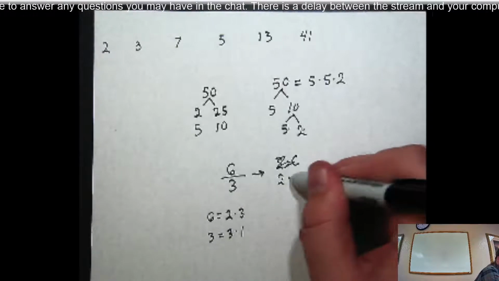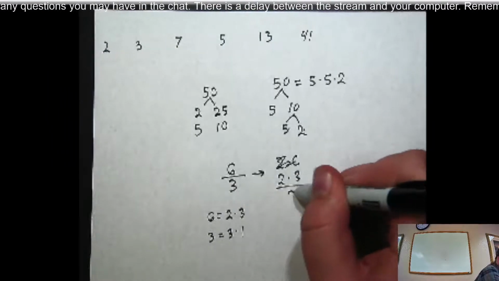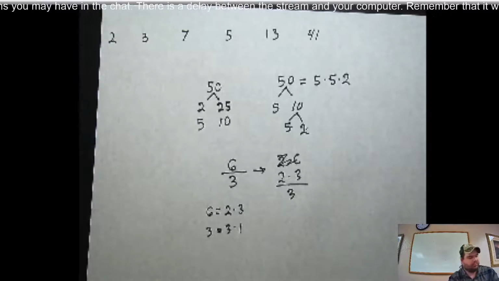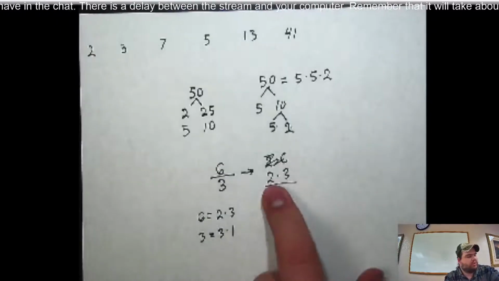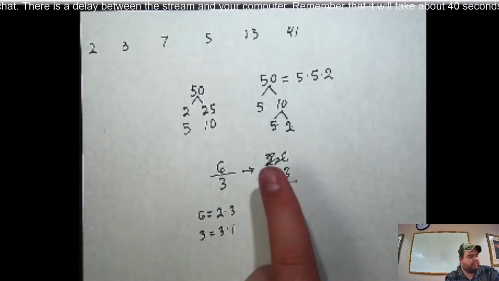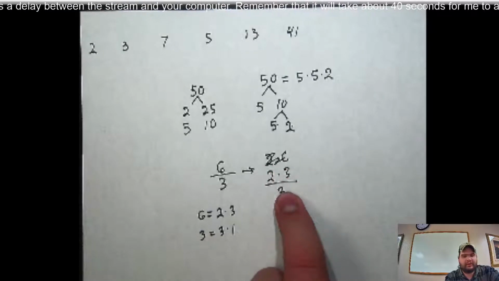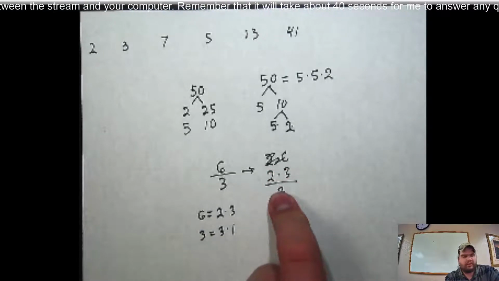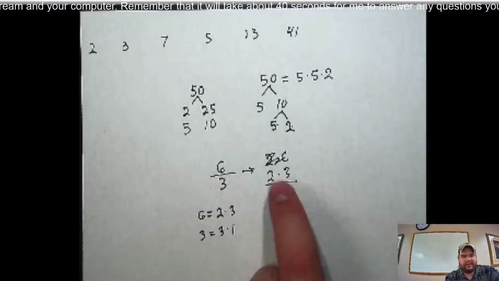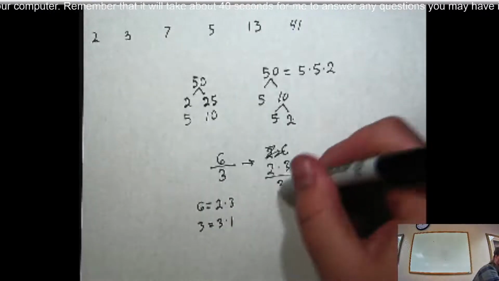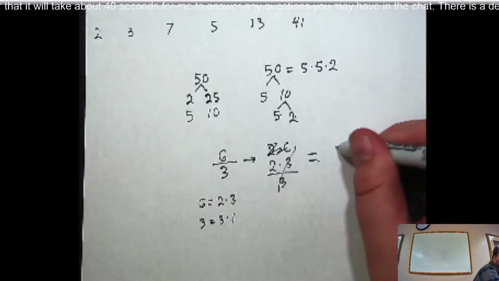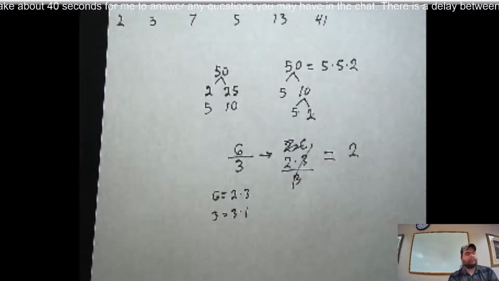In other words, we can say, since it looks like this, we're multiplying 2 by 3 here, but we're dividing 3 by 3 and 2 by 3. So the opposite of multiplying is dividing, so we can cancel that out. 6 divided by 3, or 6 over 3, is 2. That's what's left over.